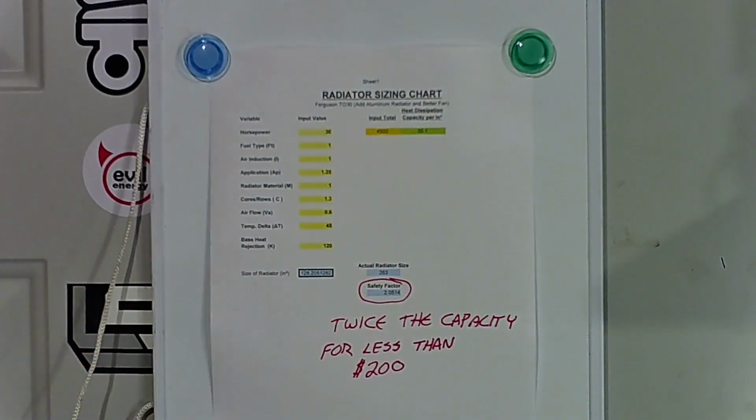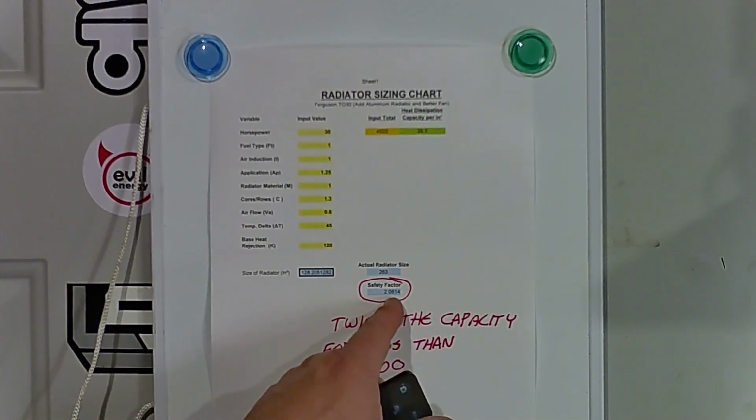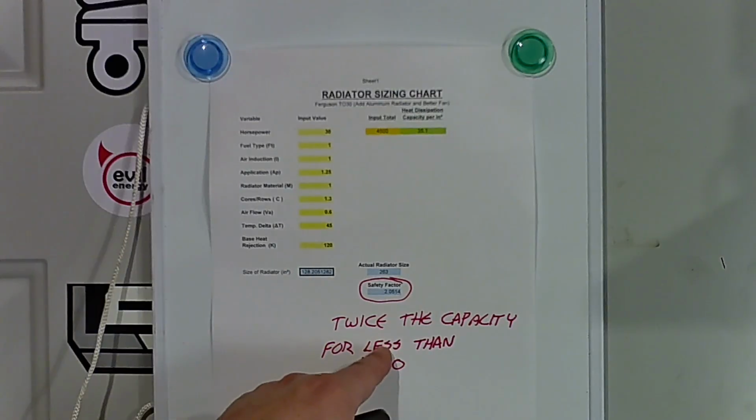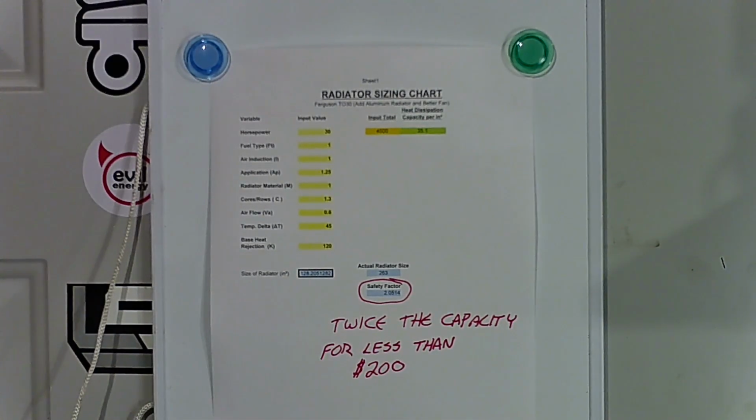That radiator is 263. That is twice the cooling capacity that I would need with that aluminum radiator. And a whole retrofit would be less than $200. This is probably what I'm going to do.